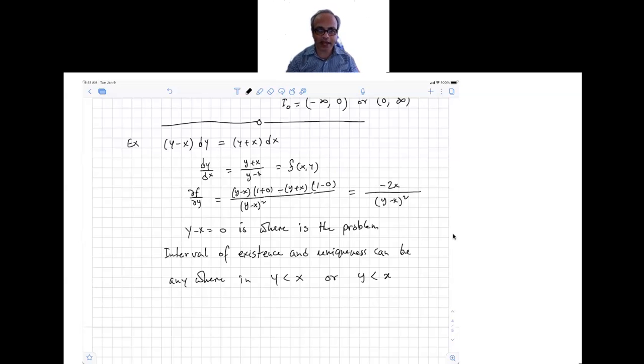So y equal to x is a straight line with slope 1, and either above or below that line you can find the interval of existence.